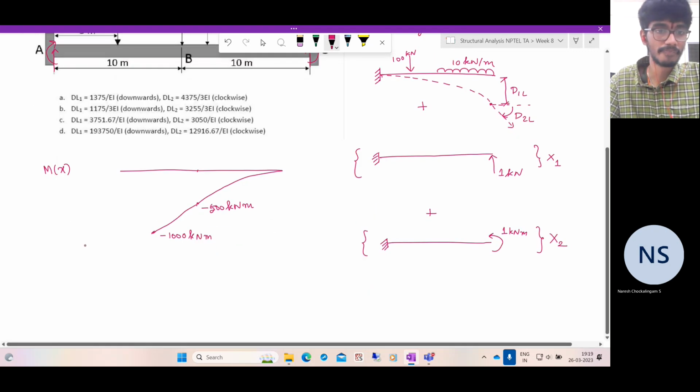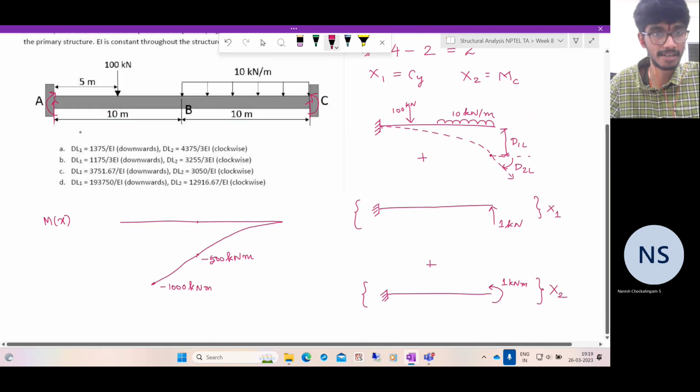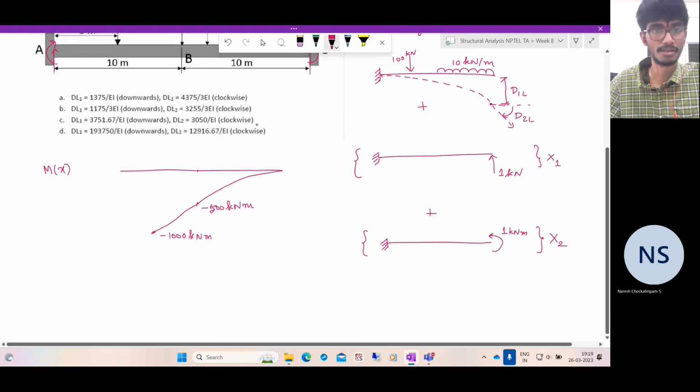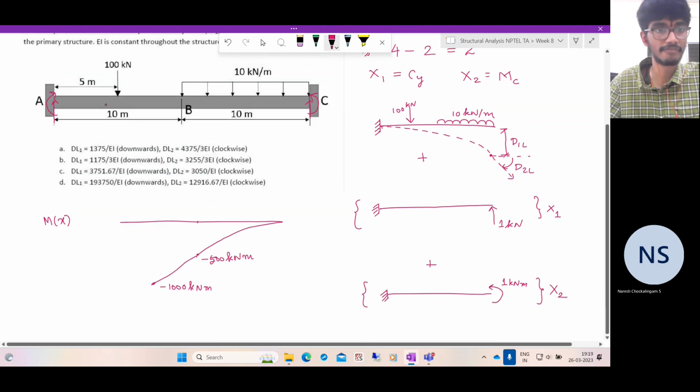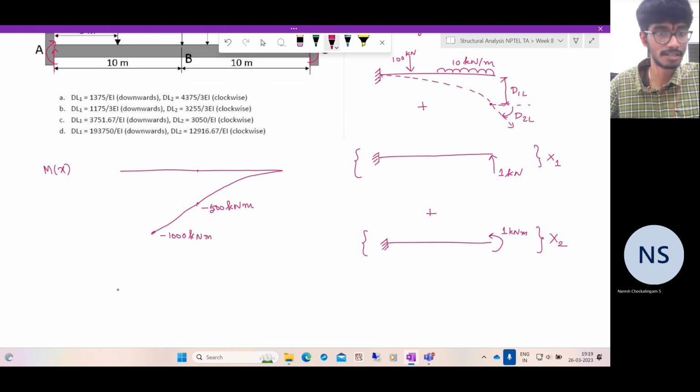Beyond that, what do we have? So at the support, we have the moment due to this, which is 100 acting at 5, which is 500, plus you have 100 acting at 15 meters, which is 1500. That causes 1500 plus 500, the moment of 2000 in the support.